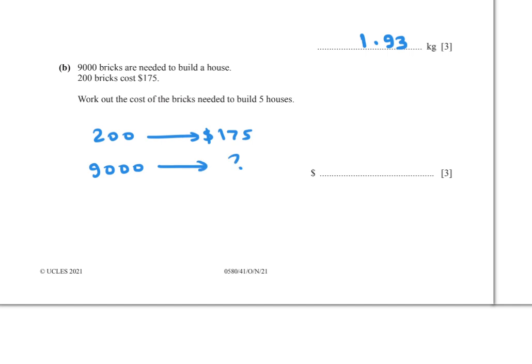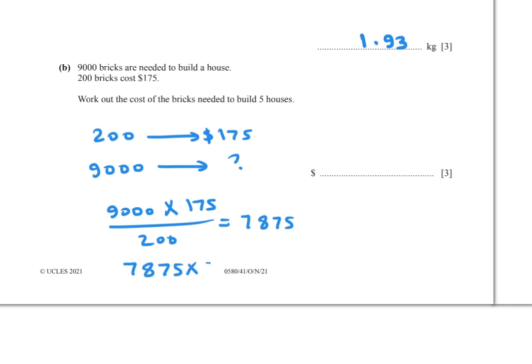Cross multiply, you can get the answer. So 9,000 times 175 over 200 equals 7,875. This is the cost for one house. Now to find the cost for 5 houses, multiply by 5. So 7,875 times 5 equals $39,375.